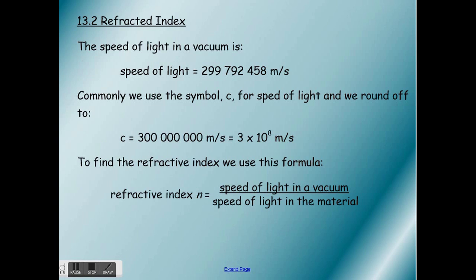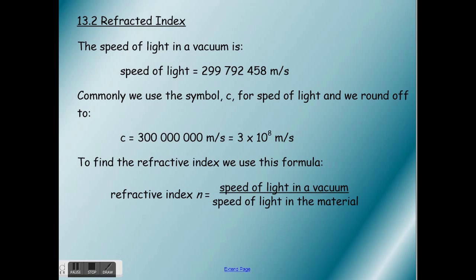To find the refractive index, we use the formula: the refractive index n is equal to the speed of light in a vacuum divided by the speed of light in the material. Now, we know the speed of light in a vacuum, right? But these other two, we don't necessarily know. If I asked what the speed of light in water is, you probably couldn't answer right away.